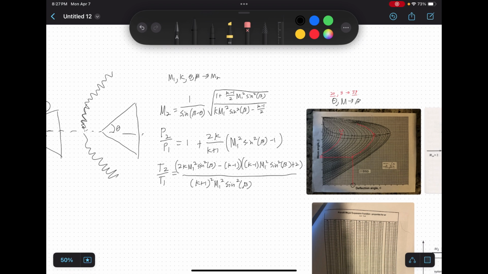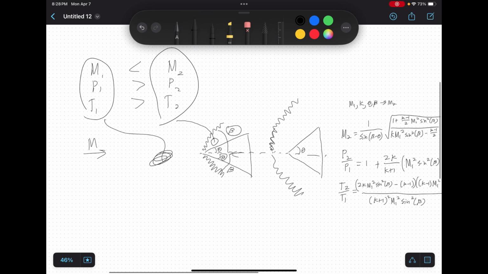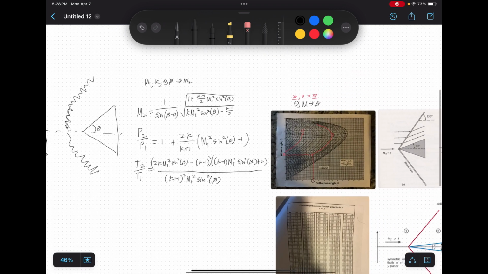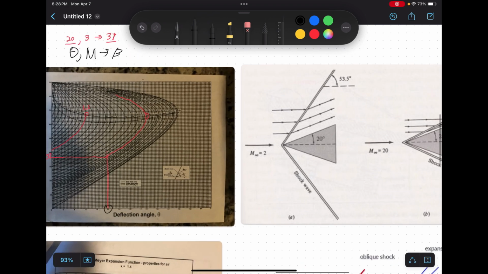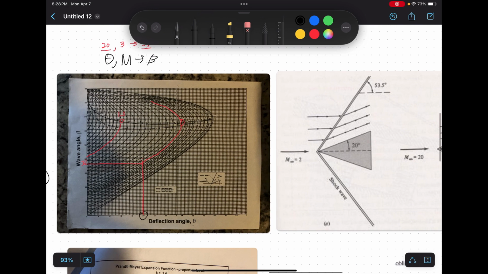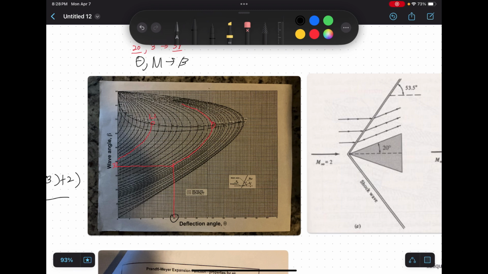Those are the 3 equations, and they're very similar to the old ones, especially the normal shock ones, but they're just slightly different. Okay, so a couple interesting things to note.